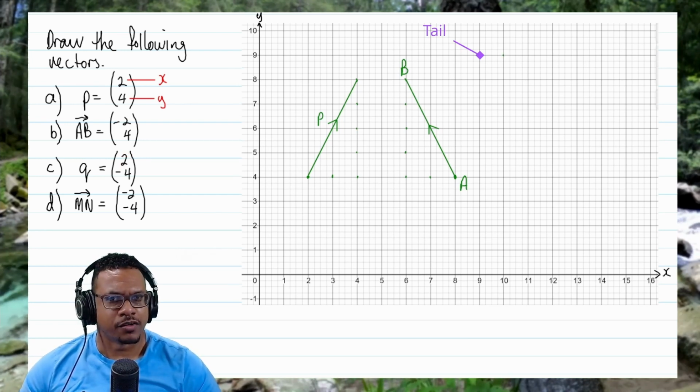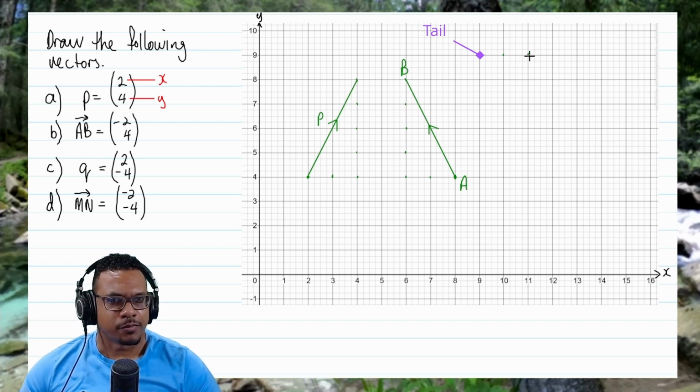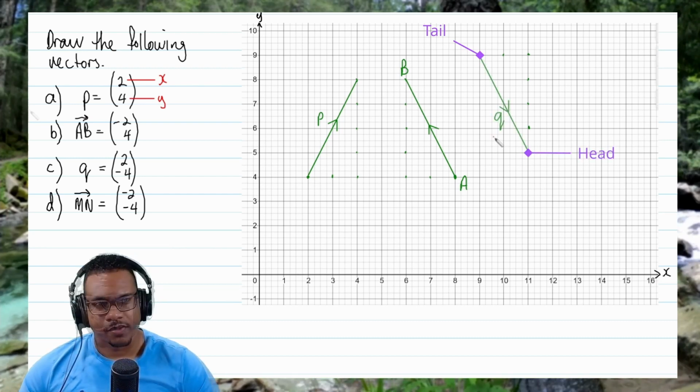So that's 1, 2. And then this -4 would mean I'm going 4 units downwards. So from here, 1, 2, 3, 4. So this will be the tail of the vector, and at this point will be the head of the vector. So this will be my drawing for my vector Q.